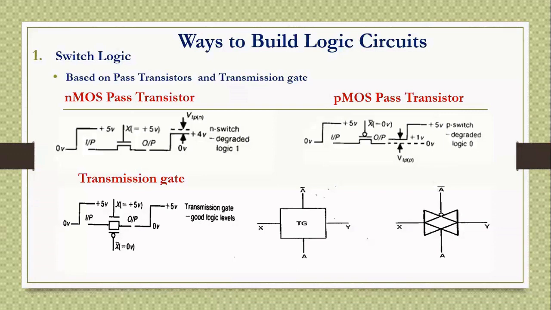In pass transistors, we have two types: NMOS pass transistor and PMOS pass transistor. So using NMOS pass transistor, PMOS pass transistor, and transmission gate, we can build the circuit or the subsystem in switch logic.